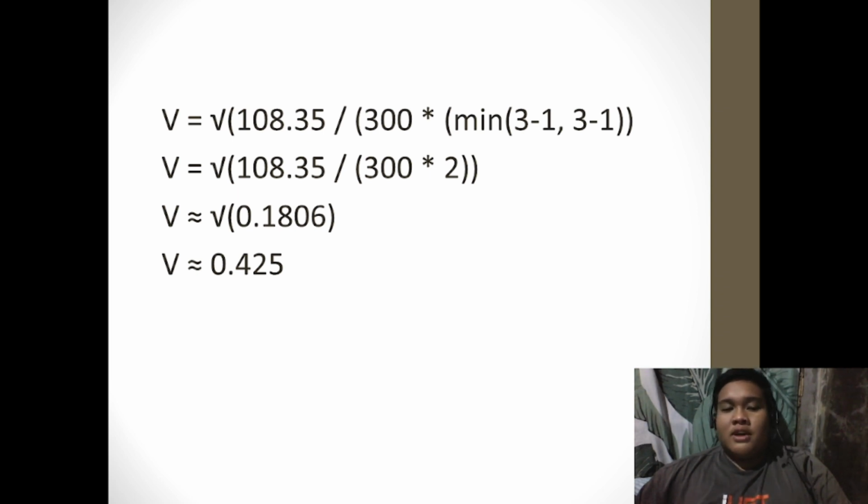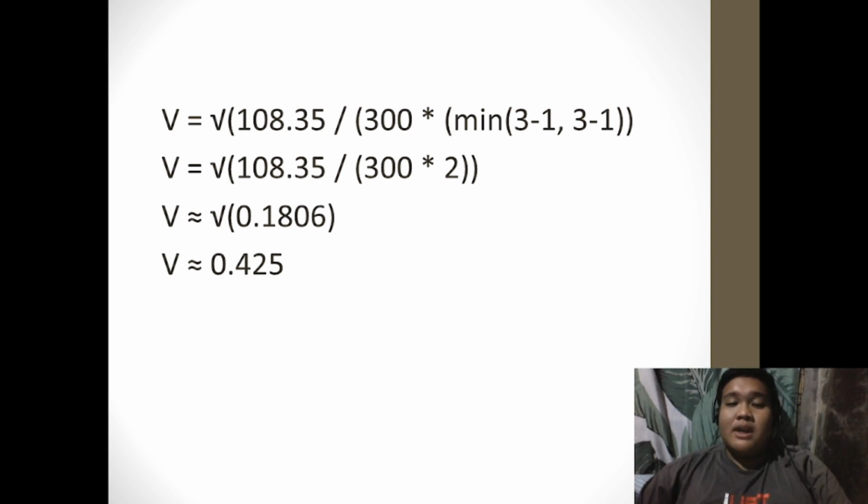So 108.35 divided by 3 times 2, which equals 600. 108.35 divided by 600 is 0.1806, and the square root of 0.1806 is approximately 0.425. So 0.425 indicates a moderate association between education level and job satisfaction among the 300 employees.